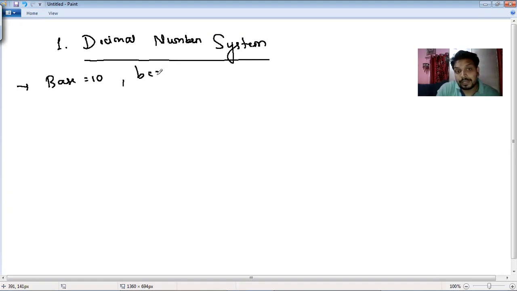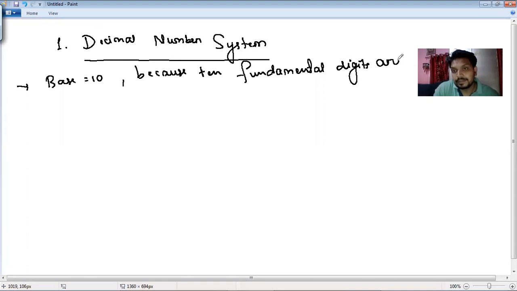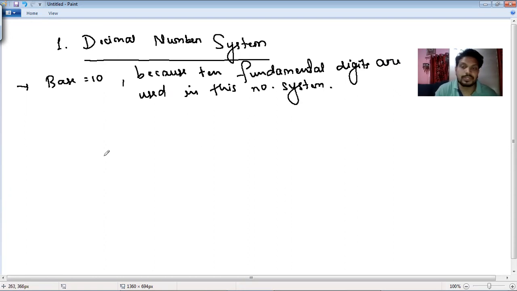Because 10 fundamental digits are used in this number system.